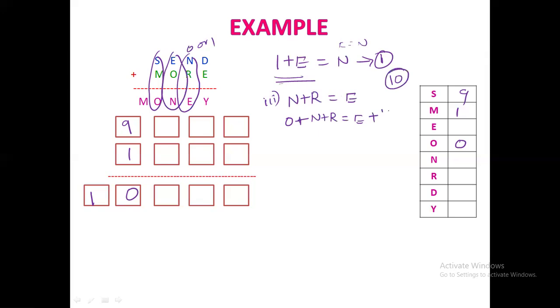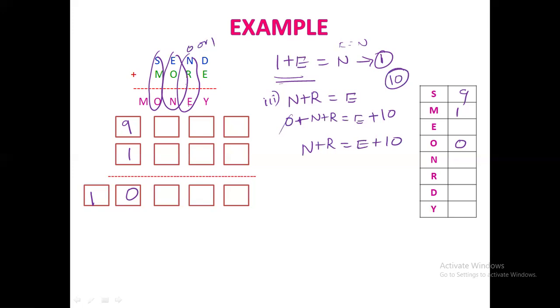So I have to add 1 0. Why is the carry being added? In order to get the 2-digit value, we have to add 10. And here 0, if you are considering the carry as 0, you are getting N plus R is equal to E plus 10. This 10 is for the 2-digit value.